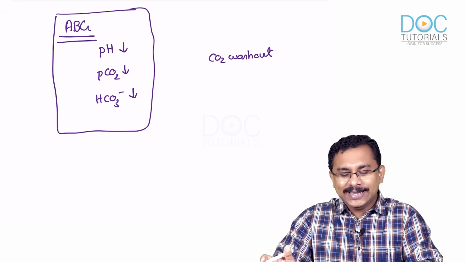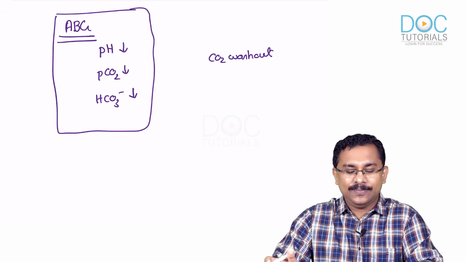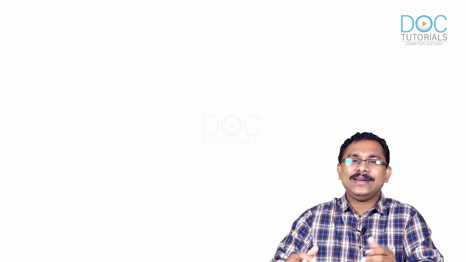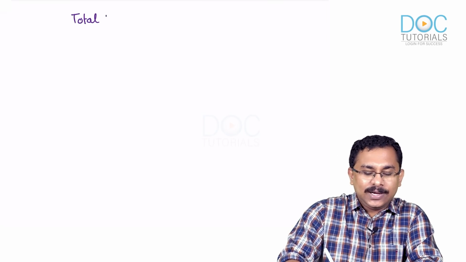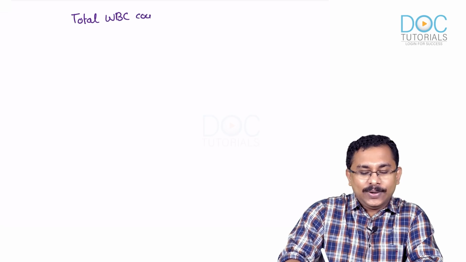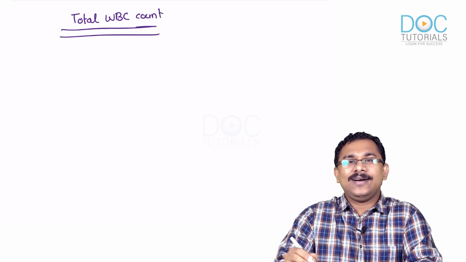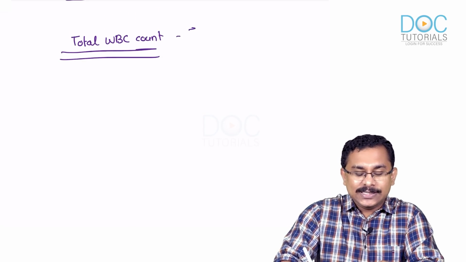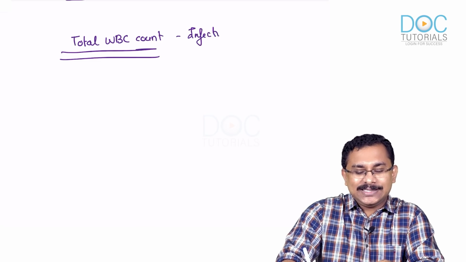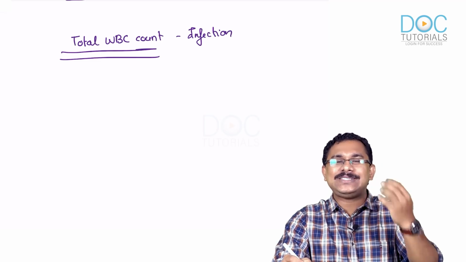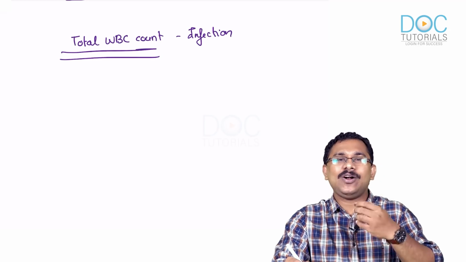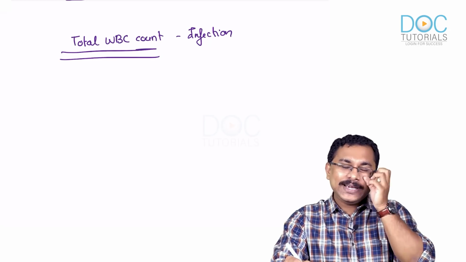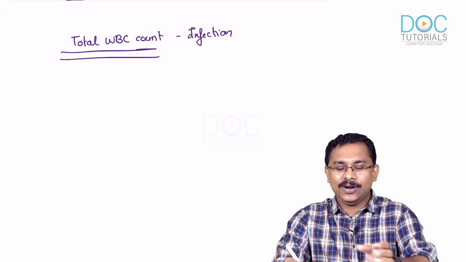Okay, so these are the investigation findings that you will get in a patient with diabetic ketoacidosis. But always remember, do look at the total WBC count, because I told you one of the triggers for diabetic ketoacidosis is infection. Since it is an emergency, you may miss the actual problem. Patient may be having a pneumonia. So the total count may be high, and when you take a chest x-ray, you might be seeing consolidation.